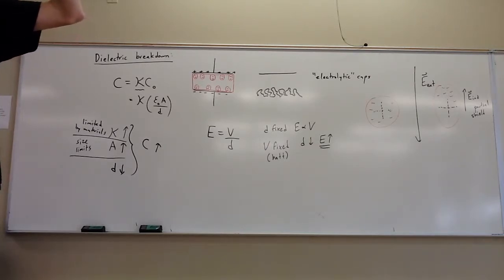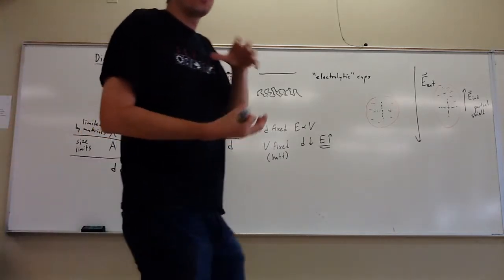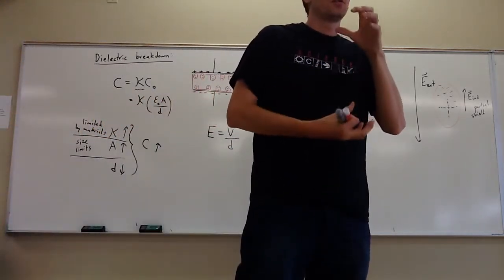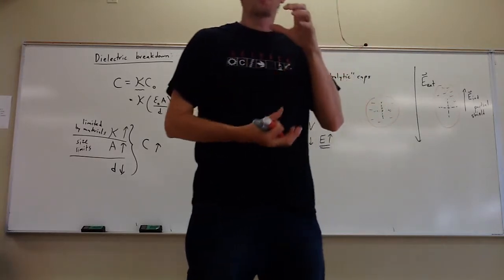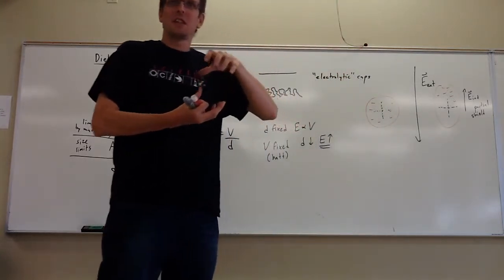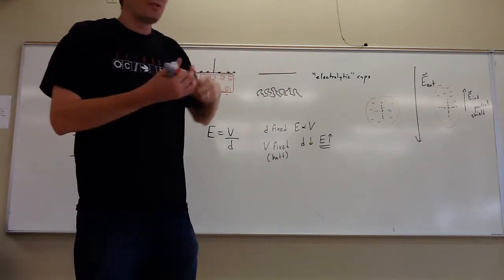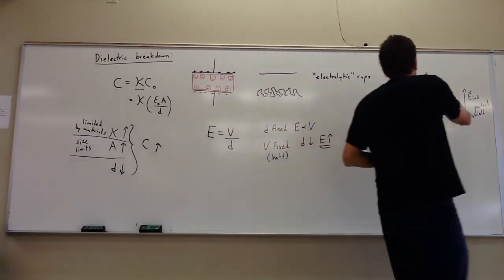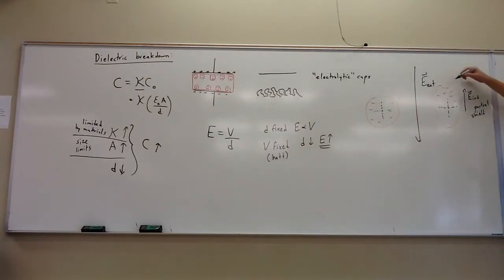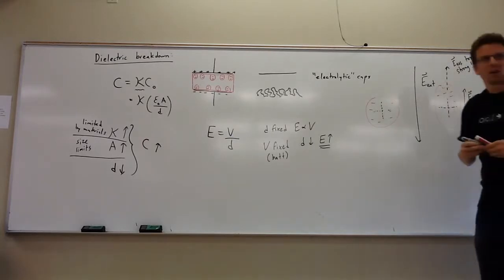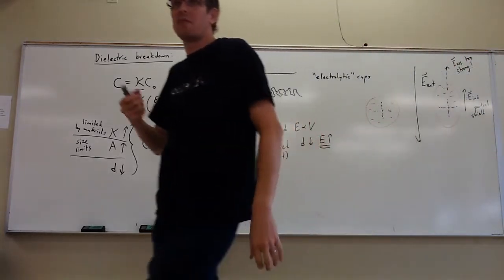So we like our molecules to be stretchy, because that's what gets us the partial shielding. But everything that stretches, you stretch it too far, it breaks. So that's what happens if you go too far. If this external electric field is too strong, these minuses don't just get pulled up here, they get pulled off. If E external is too strong, it'll literally break that stuff apart.